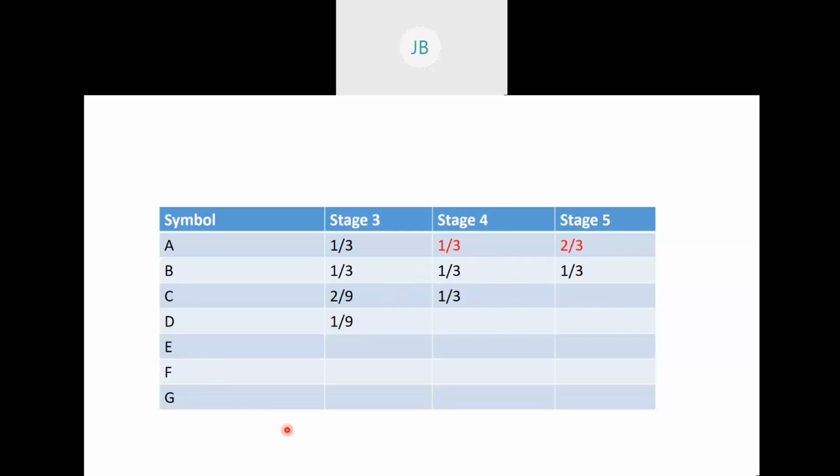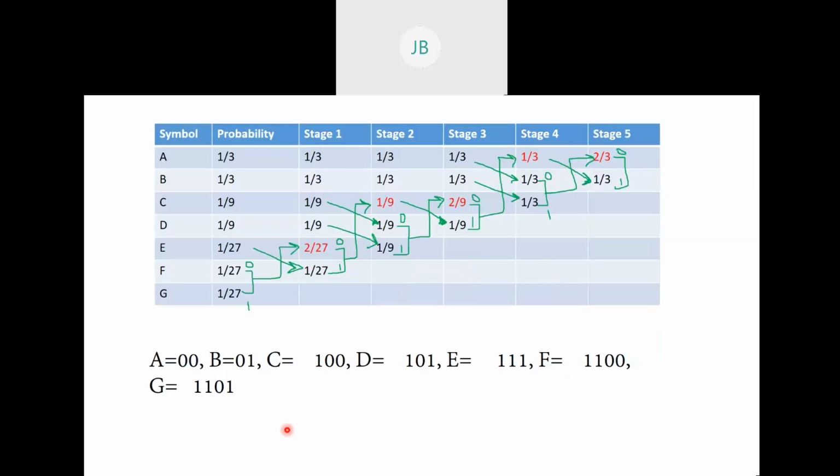Okay, altogether, I have put all these stages like this. Initially I added these two elements. The upper element is 0, the bottom element is 1, and then the 2 by 27 goes here, and this element comes here.